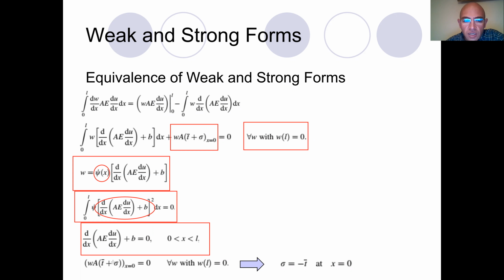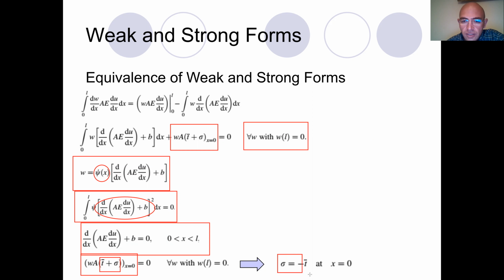Certainly, this enforces another thing. This term, which is here, has to be equal to 0. Remember that when x is equal to 0, W is non-zero, and area A is also non-zero, which means that this expression has to be equal to 0.